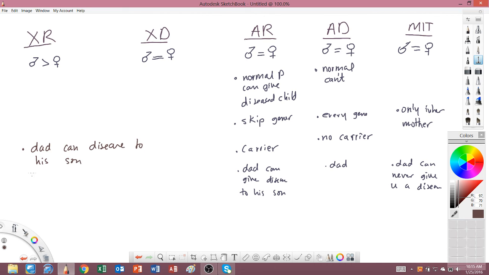Which means what? Male to male transmission is not allowed. There is no male to male transmission in X-linked diseases, dominant or recessive, doesn't matter. Can or cannot? Cannot. Dad cannot give the disease to his son. So male to male transmission, not allowed.